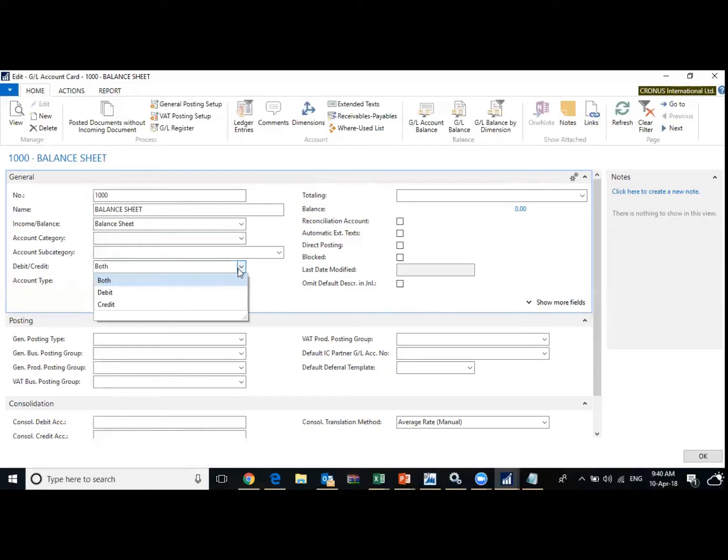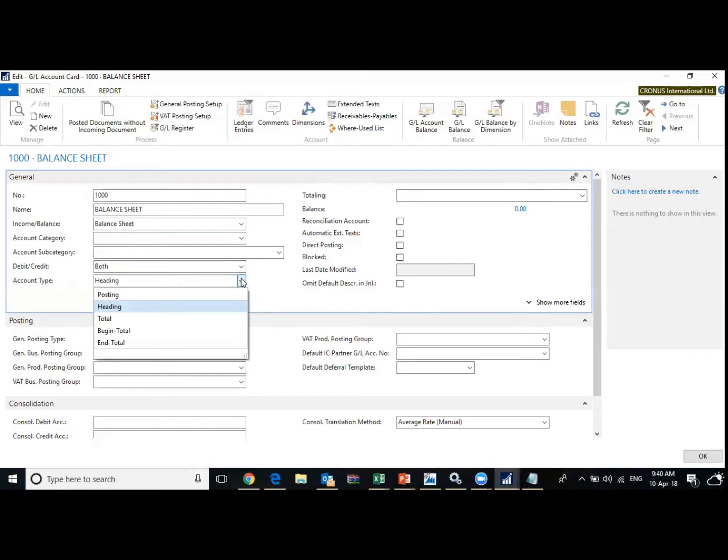Generally we keep all the accounts on both just to avoid any issues in the operations with the users. Okay, so you have the account type now.